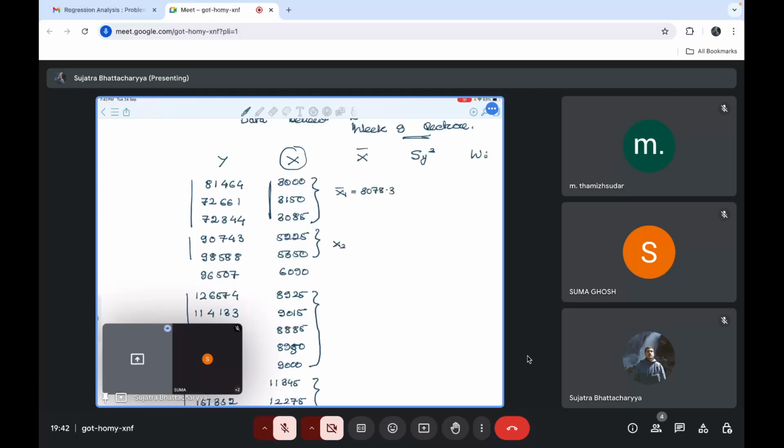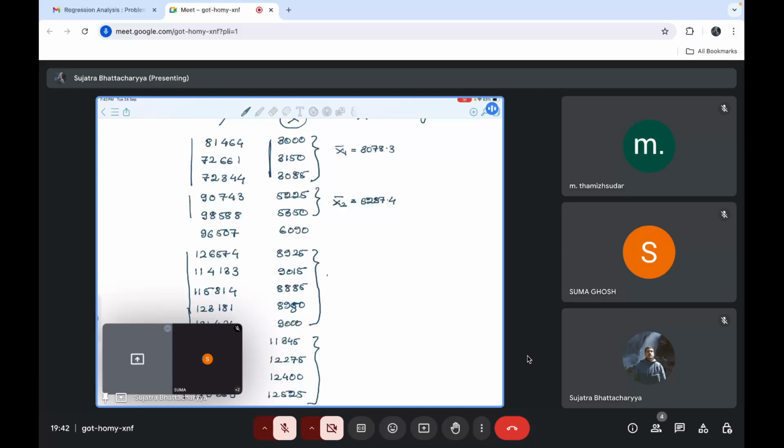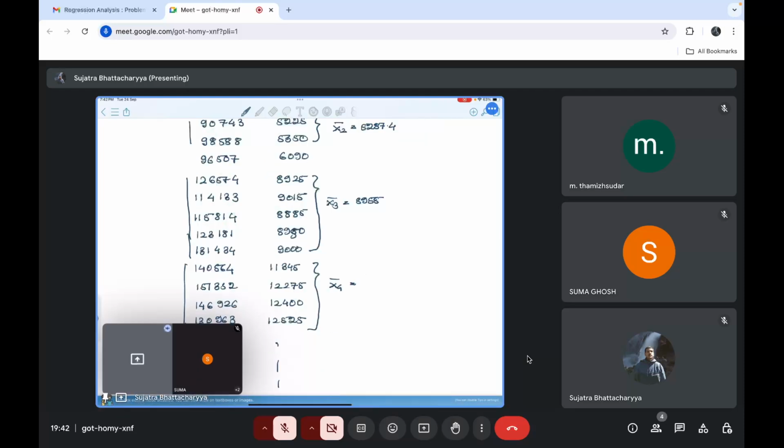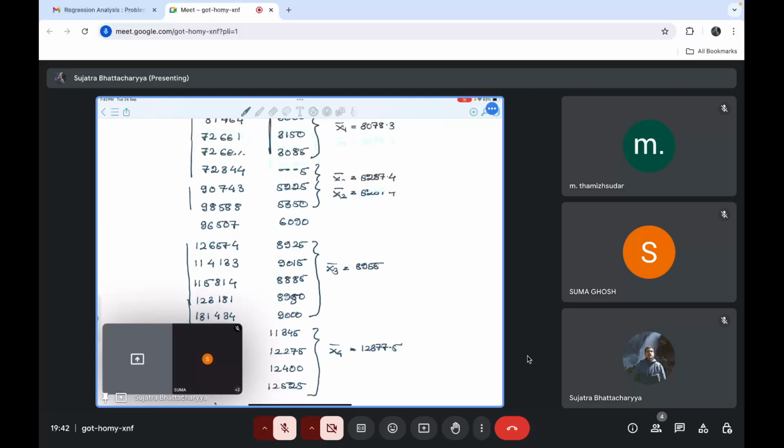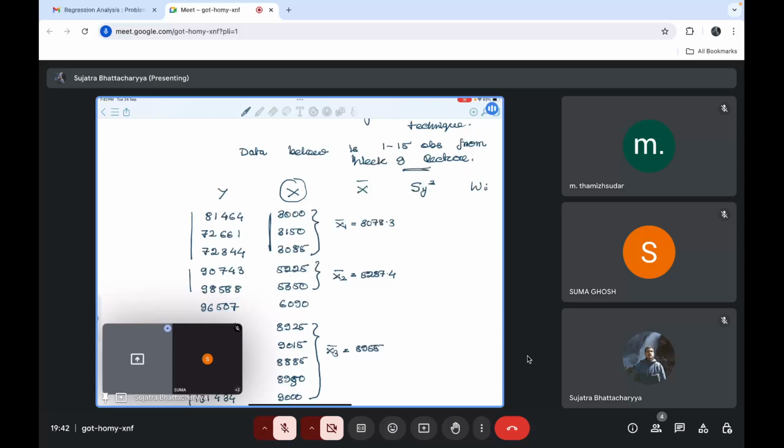This is x2 bar, which is 5287.4, just the mean of these two observations. This is x3 bar, which is 8955. And this is x4 bar, which is 12337.5.